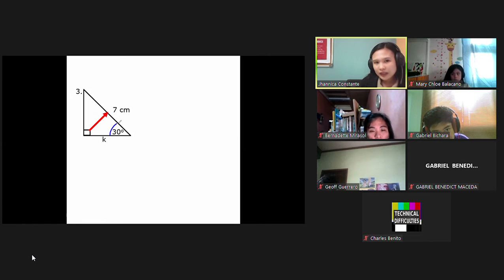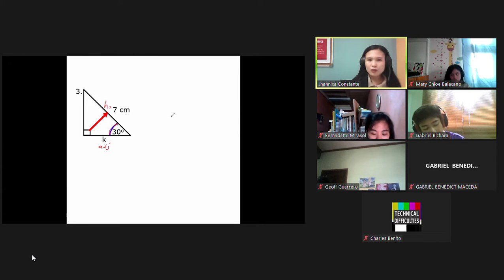Given that the angle measures 30 degrees, this side is your hypotenuse, and K is the adjacent side. Given the parts of the triangle, from the trigonometric functions, we're going to use the cosine.